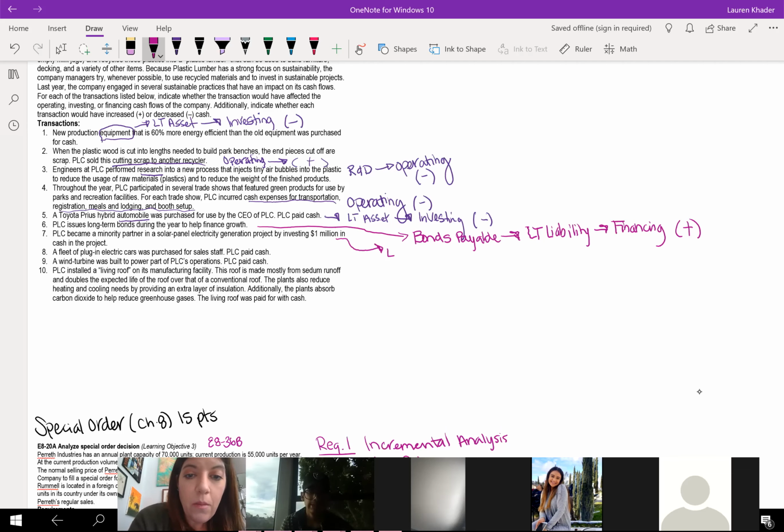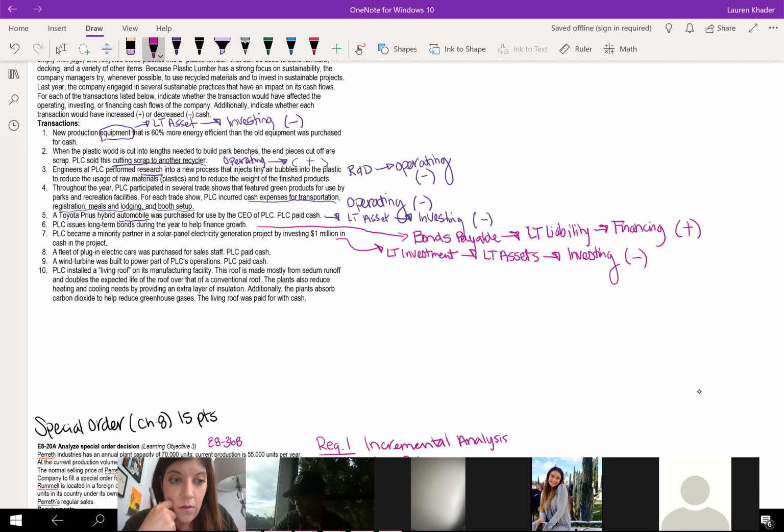Okay, so a long-term investment. Long-term investments are considered long-term assets. So it's going to be an investing activity. And it's an outflow of cash because we're investing in it.